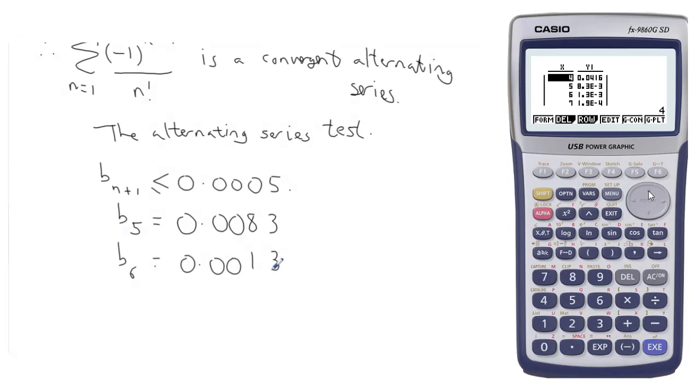And if we look at B7, that is now times 10 to the power minus 4, so 1.9 times 10 to the minus 4 is going to be 4 zeros, 0.00019. So now if we compare, you can see that B7 is smaller than 0.0005.